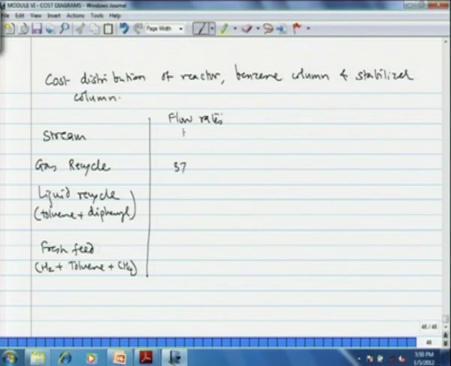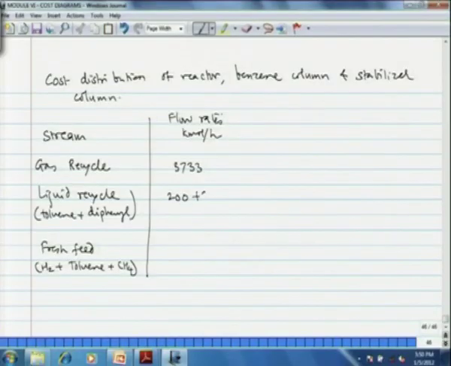Gas recycle is 3733 kilomole per hour. Now, liquid recycle was 200 toluene. You can calculate, with the K equivalent that is given, the equilibrium quantity of diphenyl that is present, which is straightforward. We have done it in previous exercises. So, I am not going to tell it here, it is left as an exercise, but I give the final answer: the equilibrium quantity of diphenyl in the present situation will be 9.8 kilomole per hour.